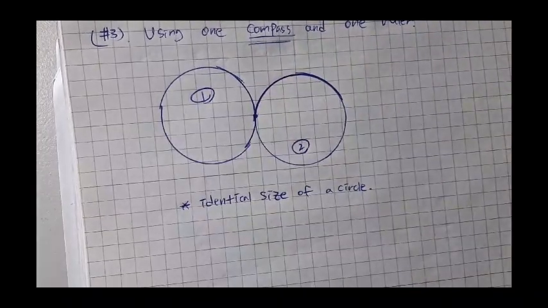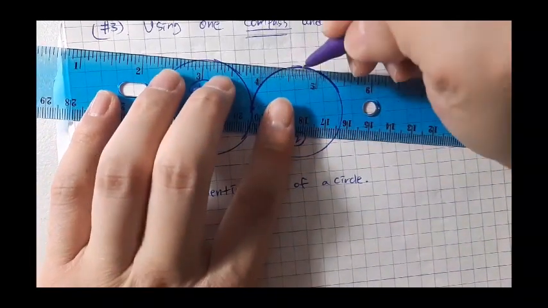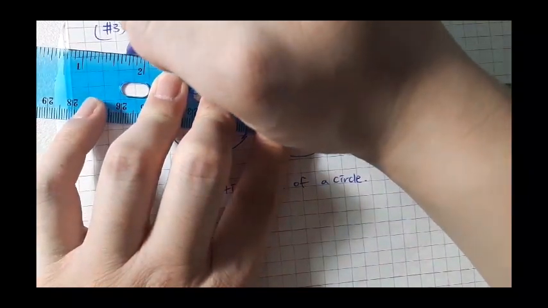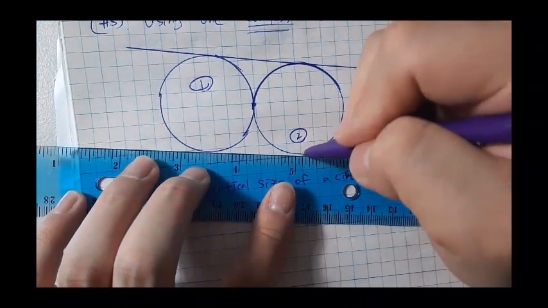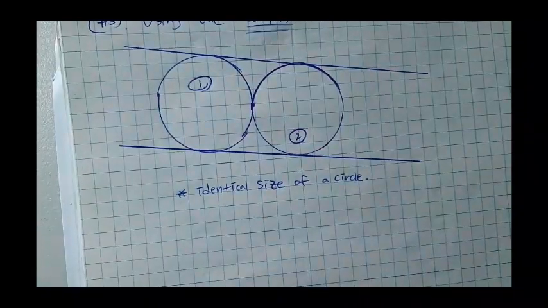Now what you need to do is basically connect the circles together. Can you see I have my very own top over here, top over there? That's one of the lines, and do the same thing like that.